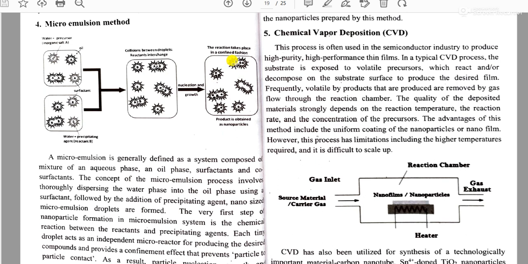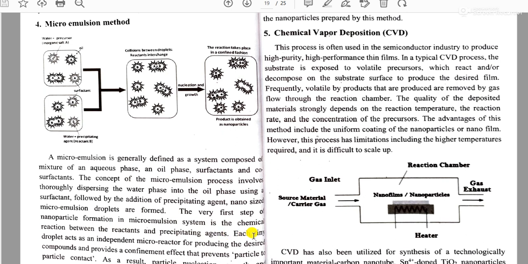So the nanoparticles will not grow out of the surfactant because the surfactant is efficiently covering or arresting the growth of the nanoparticle inside this space. Okay, so the product is obtained as nanoparticles. So the very first step of nanoparticle formation in a microemulsion system is the chemical reaction between the reactants and precipitating agents.